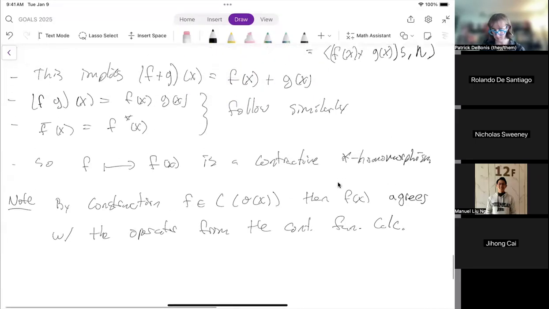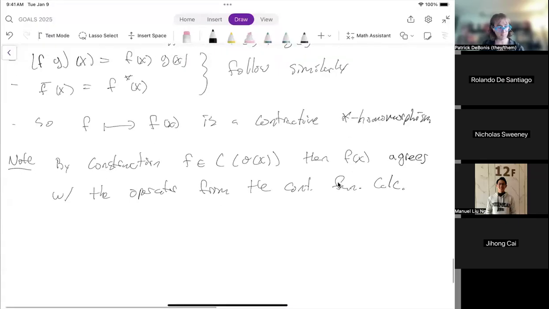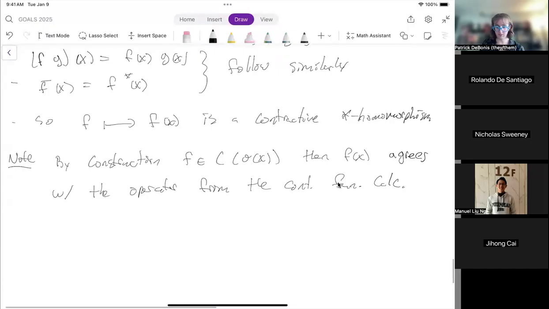Okay, so we have that this is a contractive star homomorphism, but right now all we know is that this operator f of x is just inside B of H.